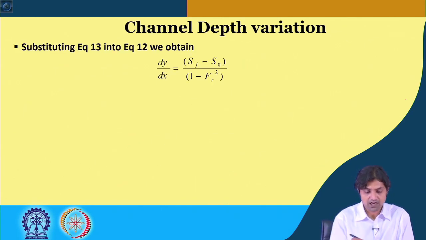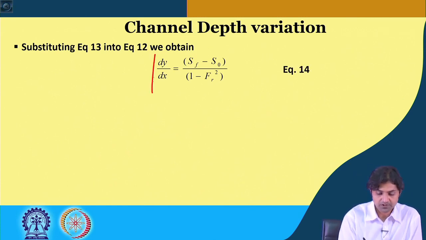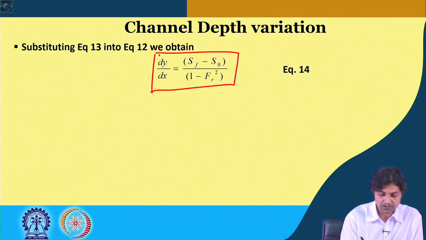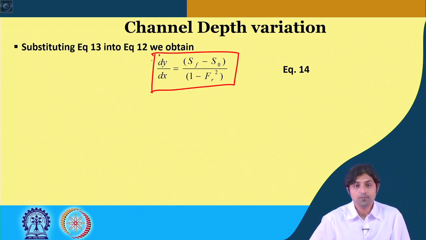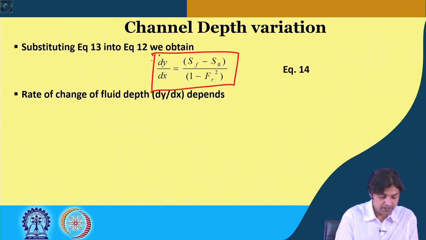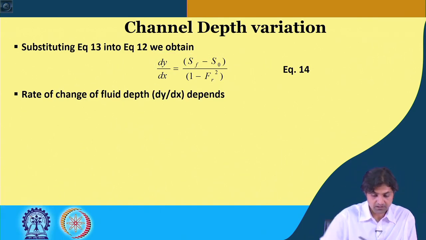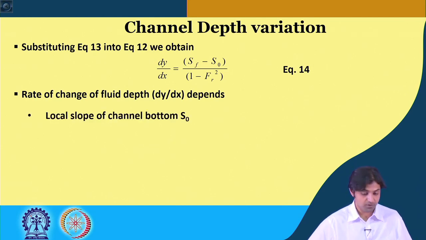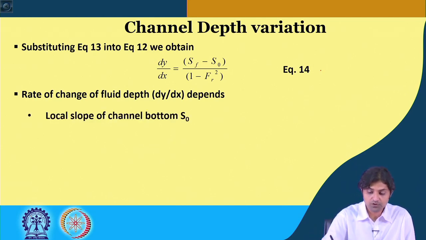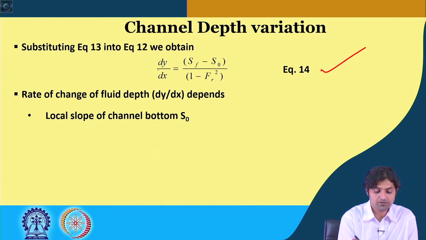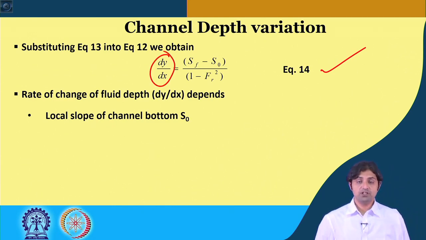This is exactly what we obtain: dy by dx is Sf minus S naught divided by 1 minus Froude number whole square. If you look closely at this equation, the rate of change of fluid depth dy by dx is what we related in the beginning to all the types of flows, like uniform flow, rapidly varied flow and gradually varied flow.